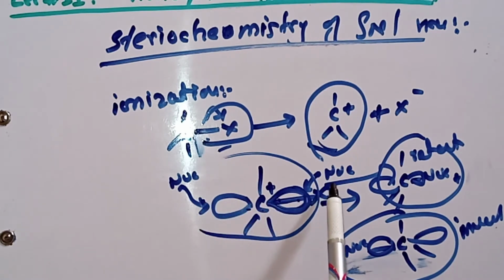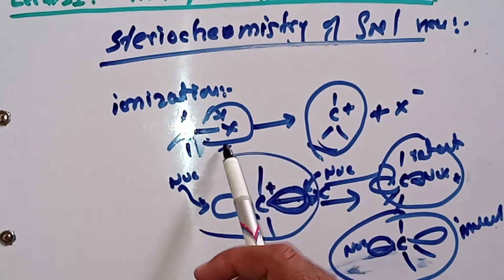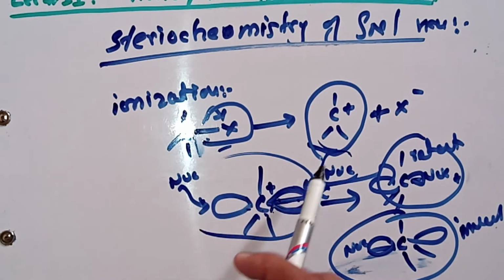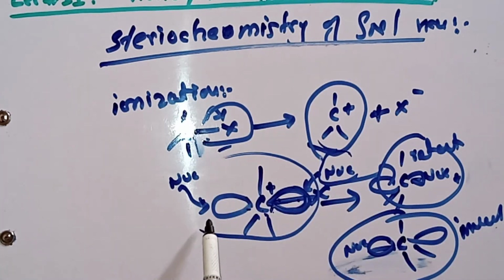If the nucleophile attacks from the side from which the leaving group left, the product is called retention, while if it attacks opposite to the leaving group, the product is called the inversion product. So there are two possible configurations in Sn1 reaction: one is called inversion and the other is called retention.